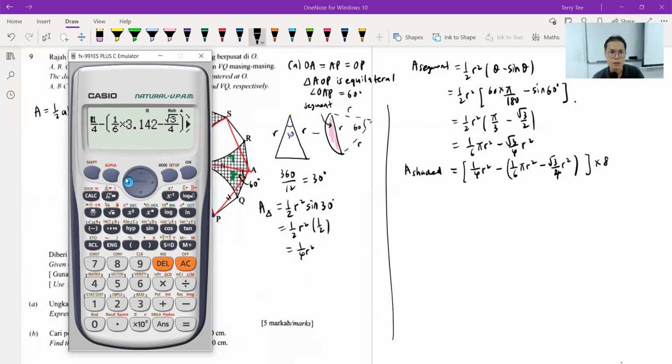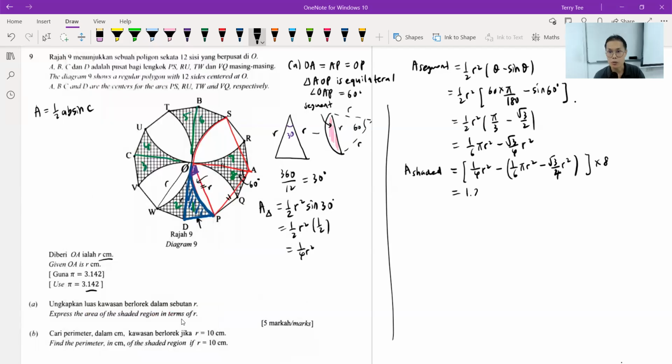Yes, this one. There you go. 1.275. So your answer is 1.275 R squared. No choice, we have to leave it in decimal because you're supposed to use 3.142. So you don't need to leave it in terms of pi or root.